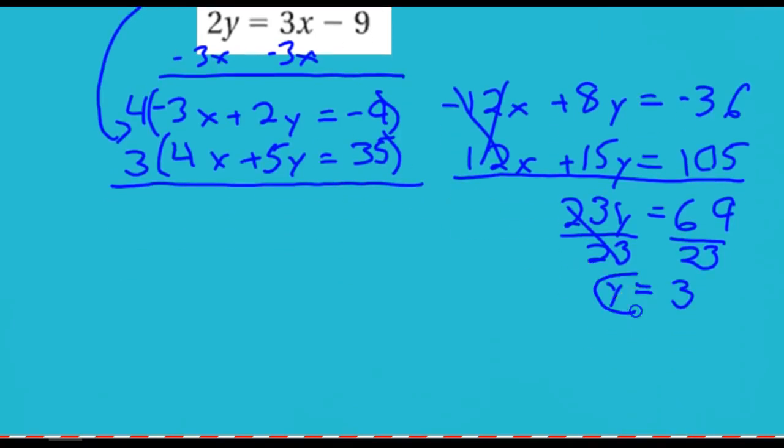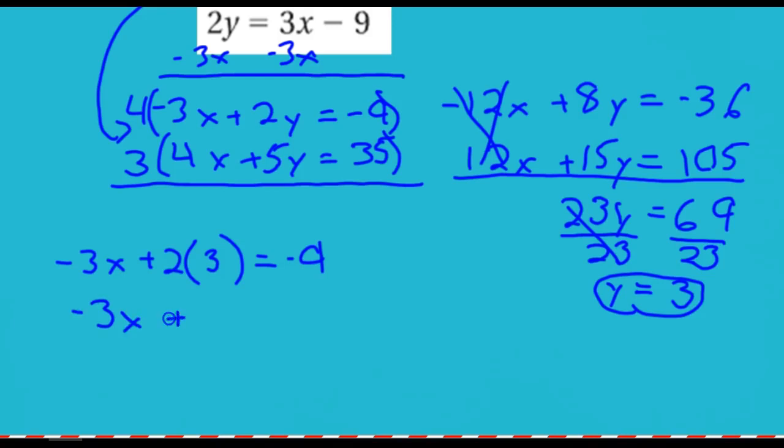Now I'll take that 3 and I'll plug it into one of my equations. So I will plug it into this top one. So negative 3x plus 2 times 3 equals negative 9. So negative 3x plus 6 equals negative 9.